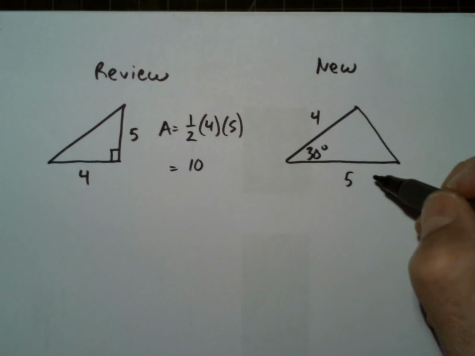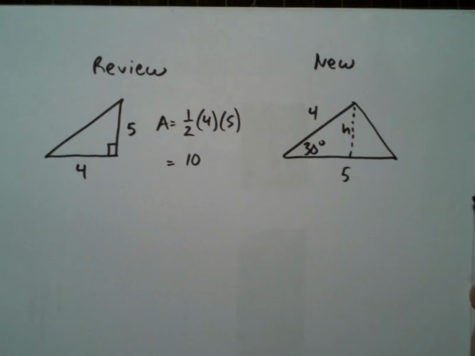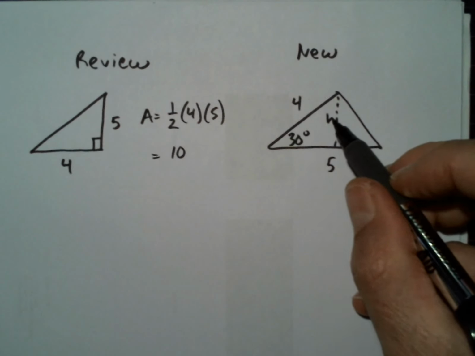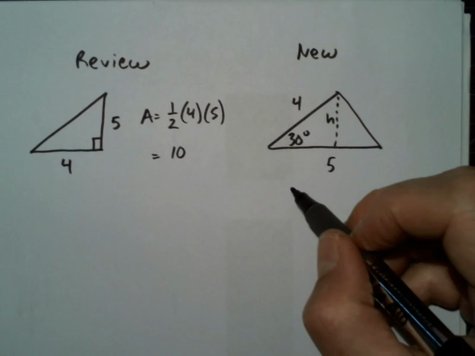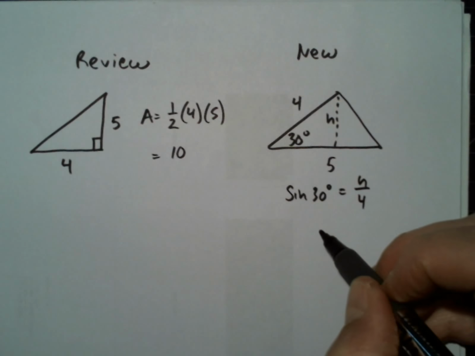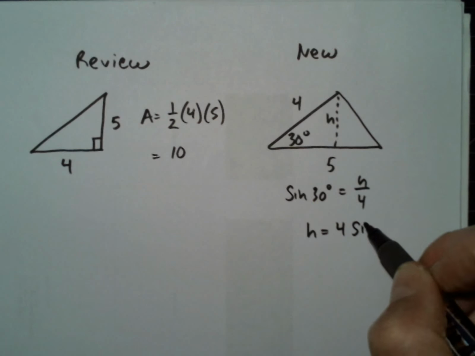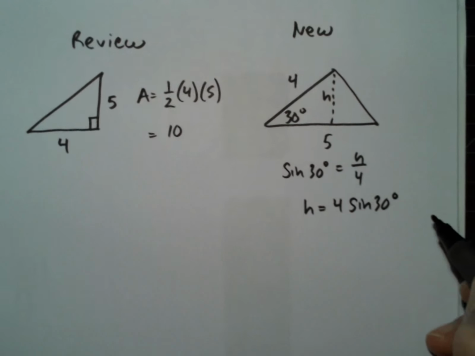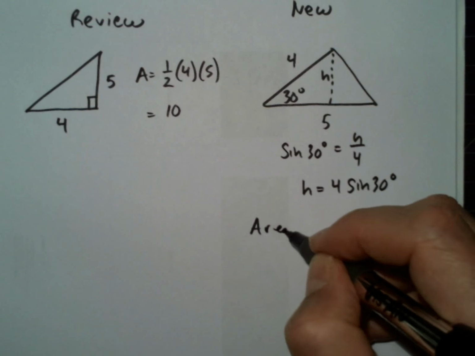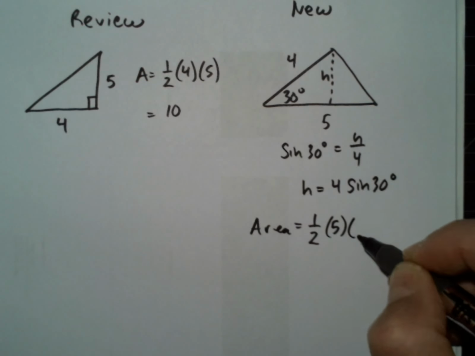So the base is 5, and we just have to find the height. We had to find the height for law of sines, so we know that sine 30 is h over 4. So h equals 4 times sine 30. Then the area is 1/2 base times the height.